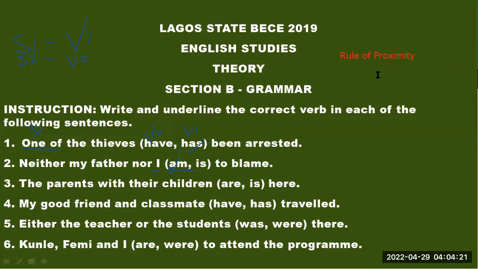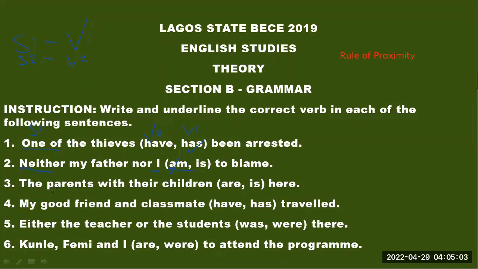And this rule of proximity states that where you have a correlative and you have two subjects joined by nor or or, then the one that is closer to the verb determines the form of the verb to be chosen. So that's the rule of proximity. Always remember that we are dealing with the rule of proximity whenever we are dealing with the correlative, neither.